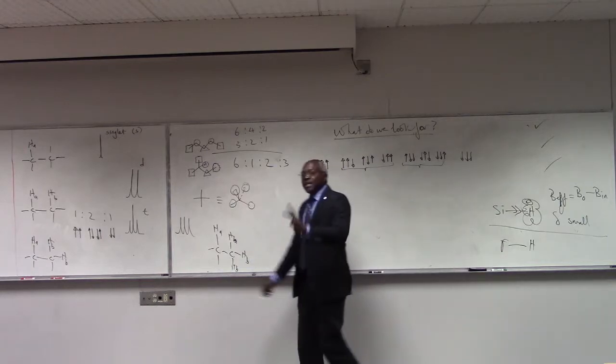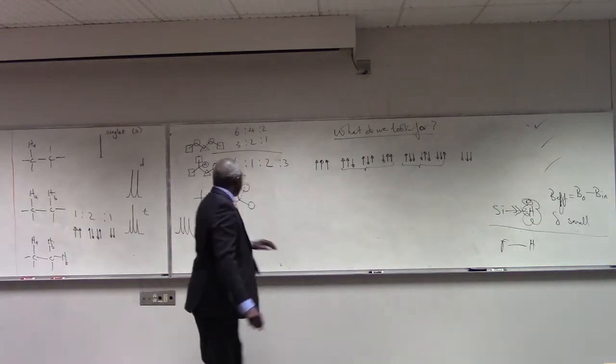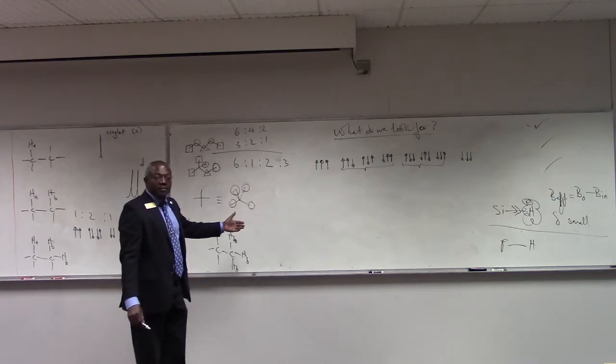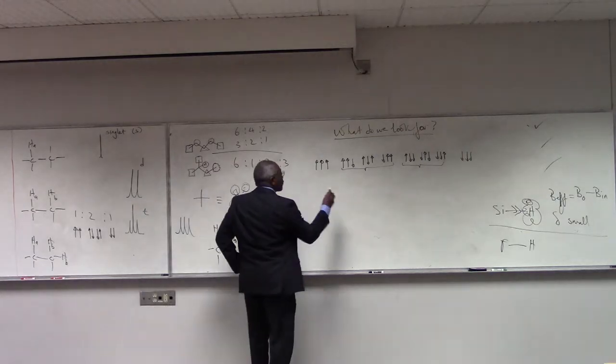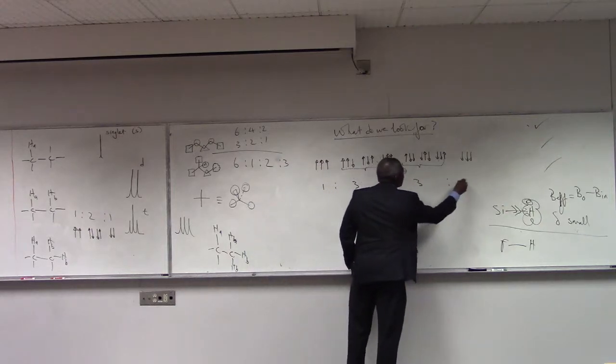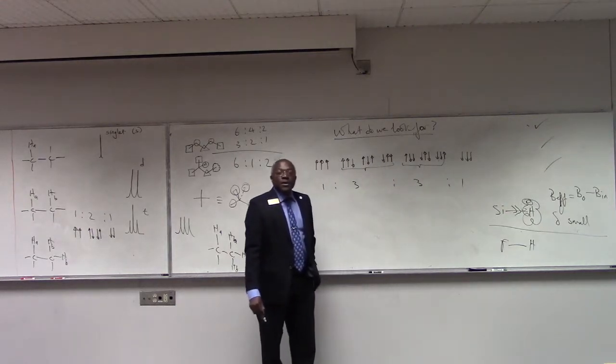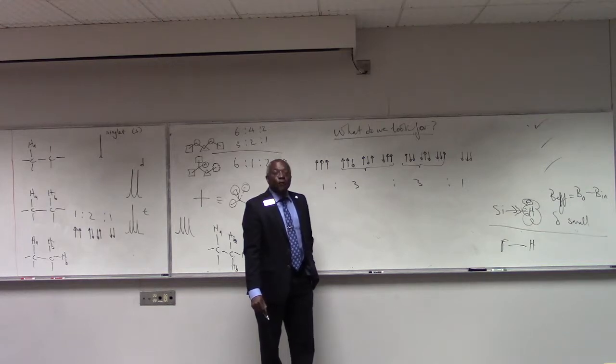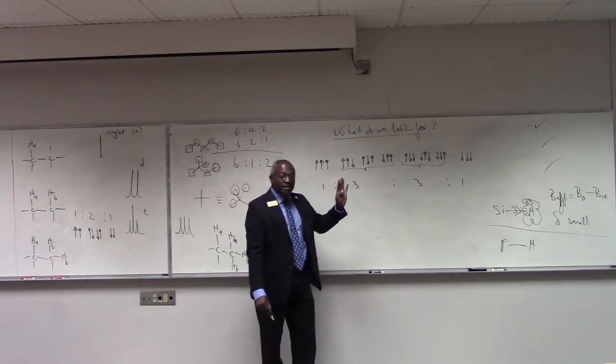They represent 3 different fields that HA will feel. They are in the ratio of 1 to 3 to 3 to 1. So HA will come to resonance 4 times because they're 4 different fields.